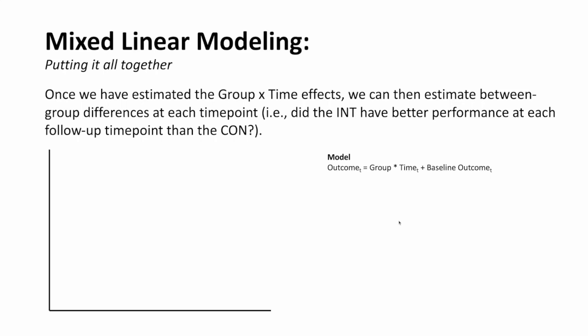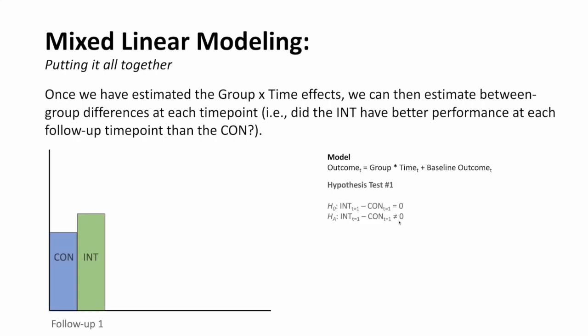So hypothetically, this is our model. We're looking at a certain outcome, group by time being our primary thing of interest, and then we're controlling for baseline. At follow-up 1, we're testing whether there are differences between groups, with the null hypothesis being that there are no differences between groups, and the alternative hypothesis being that there are indeed differences between groups.